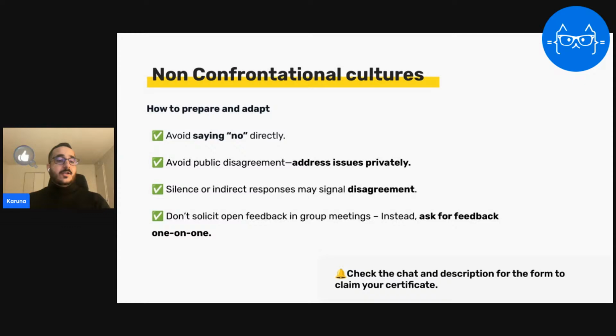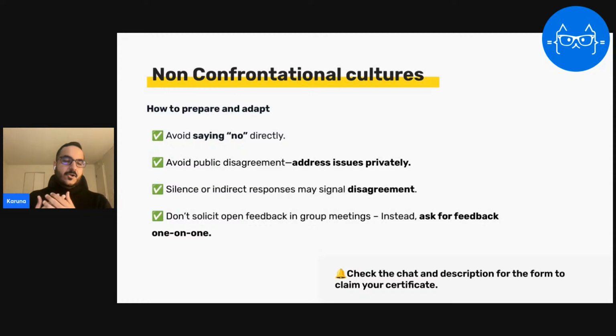So going back to non-confrontational cultures, cultures that avoid confrontation really avoid saying no directly, right? And again, going back to my time in Malaysia, growing up, you never really said no to the boss. You would say all sorts of things like, maybe this isn't the best way forward, or this might take more time than we anticipate.